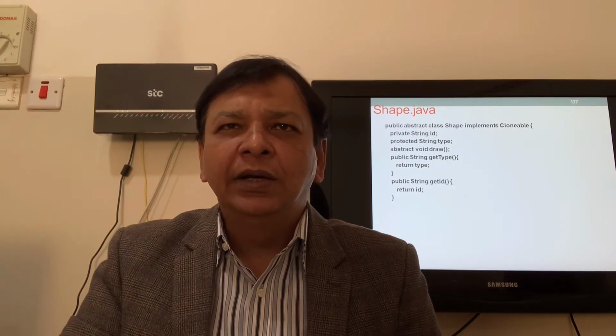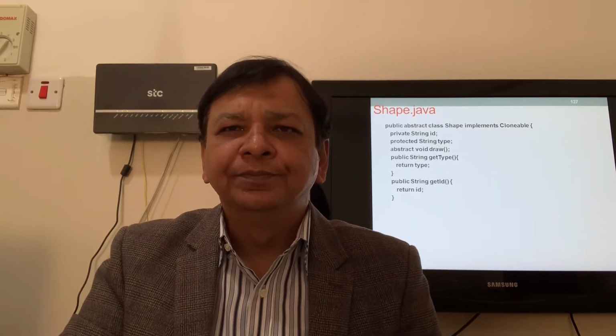So Shape.java is our first abstract class which is implementing the Cloneable interface, and it has a string id, a protected string type, an abstract void draw method, a public String getType method that returns type, and a public String getId method that returns id. Then, continuing Shape.java, public void setId with string id, this.id equals id.